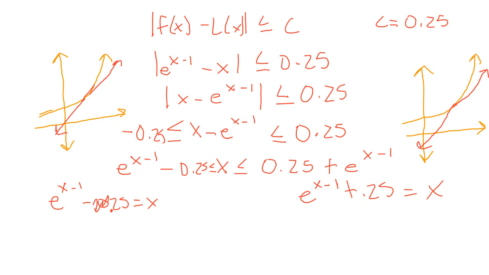Over on this side, we have e to the x minus 1 minus 0.25, so we're shifting this down a couple steps. And over here, we have e to the x minus 1 plus 0.25, so we're just shifting it up.